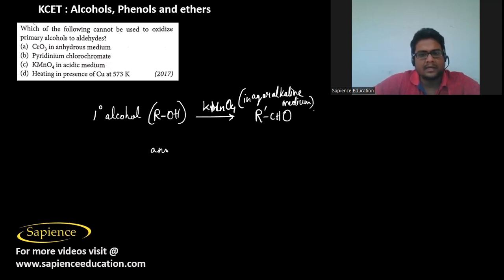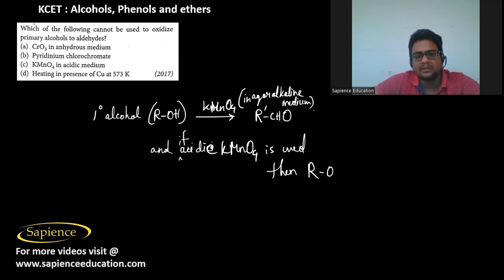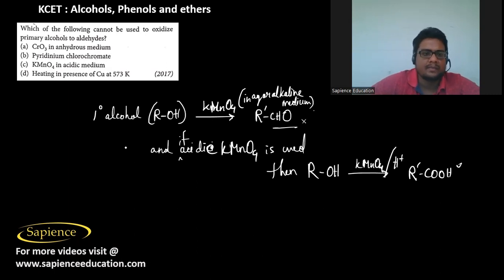And acidified KMnO4 will oxidize alcohols to carboxylic acids. So if acidic KMnO4 is used, then the primary alcohols will directly oxidize, with KMnO4 in the presence of H plus. It will oxidize it into carboxylic acids. So aldehydes will not be formed. So option C is the correct answer.